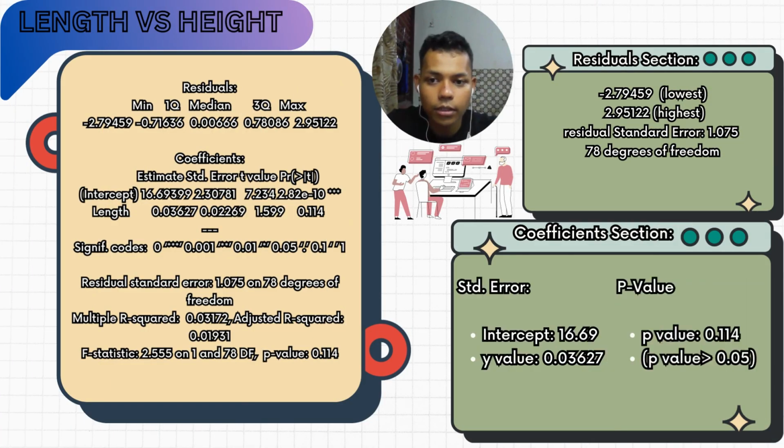Now, for the first scatter plot, we can talk about the p-value. The p-value is 0.114, which is over 0.05, which means that there is no real relationship between the x and y axis, which are the length and height.